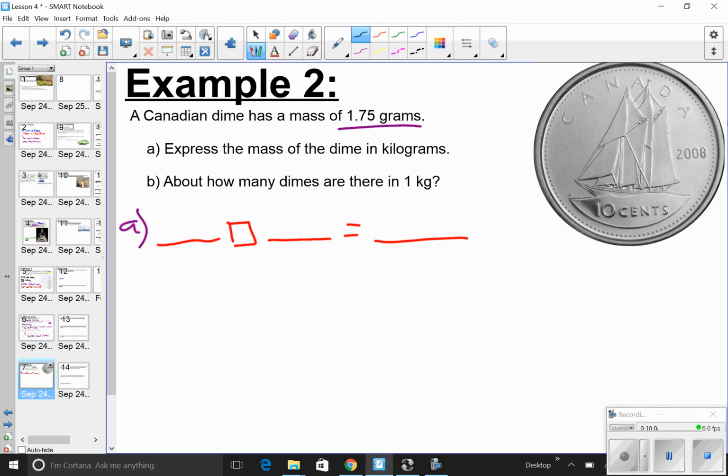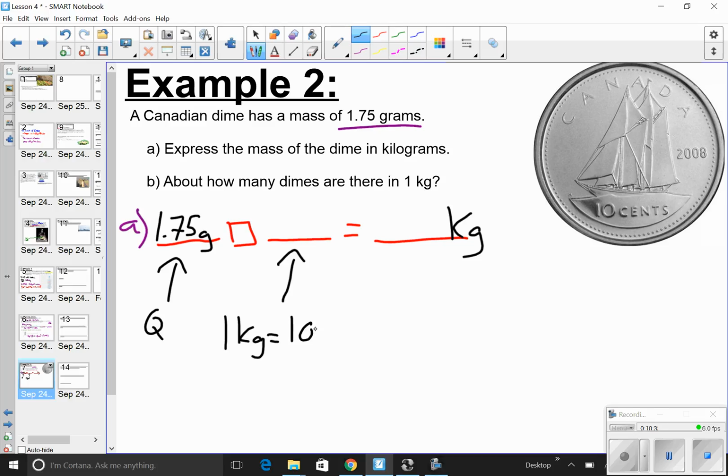If you remember, the first number is the number from our question, which is 1.75 grams. And I'm trying to change it into kilograms. Now, this number comes from our formula sheet: 1 kilogram is the same thing as 1,000 grams. So this number is going to be 1,000.